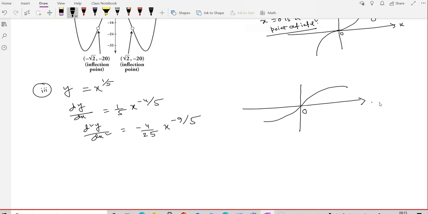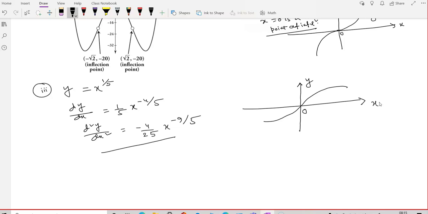So before x equal to 0 it is concave up. After x equal to 0, if you take a point here arbitrarily, x to the power minus 9 by 5 has a positive value, and multiplied by the negative, it will make the whole of d square y by dx square less than 0.